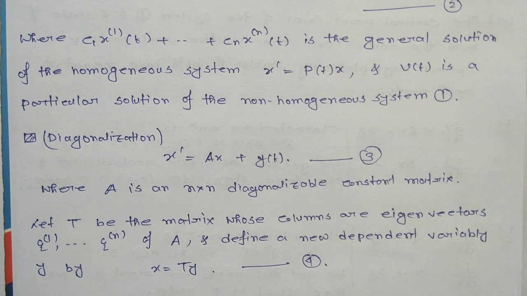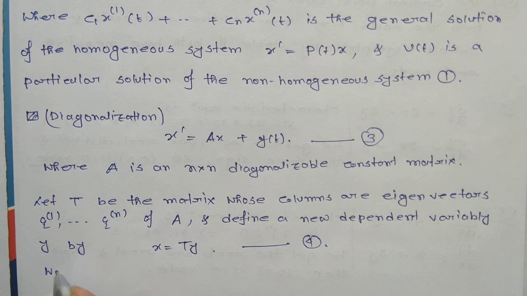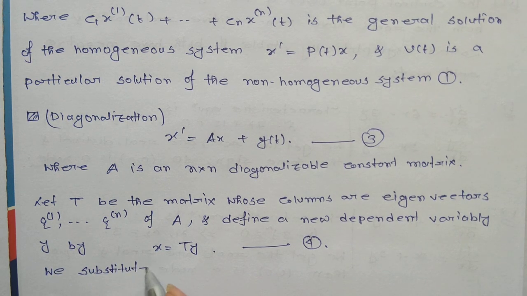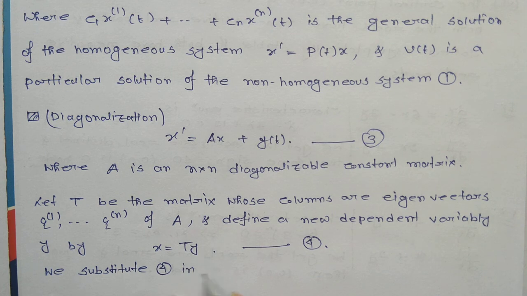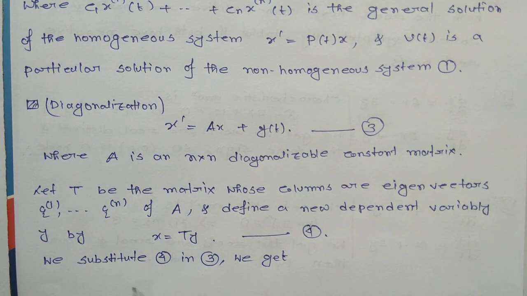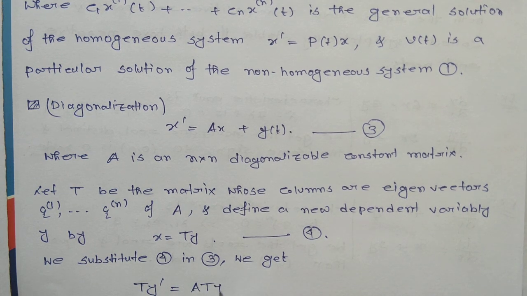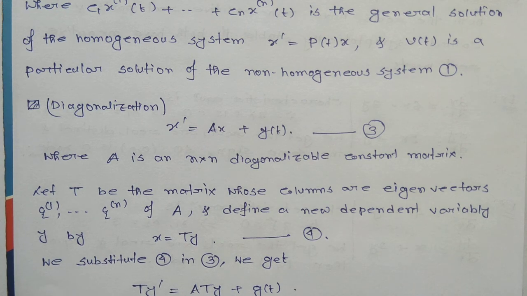Now we substitute for x in 3. So we substitute 4 in 3 and we get T y dash equals A T y plus g of t.